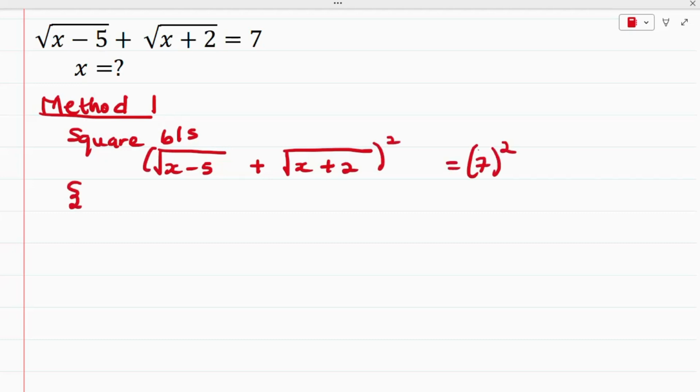Now for the left hand side, we want to apply this property that says if we have a plus b all square, this is equal to a square plus b square plus 2ab.